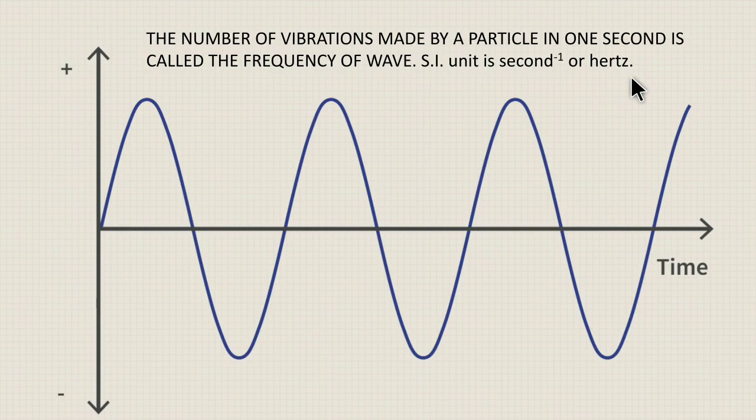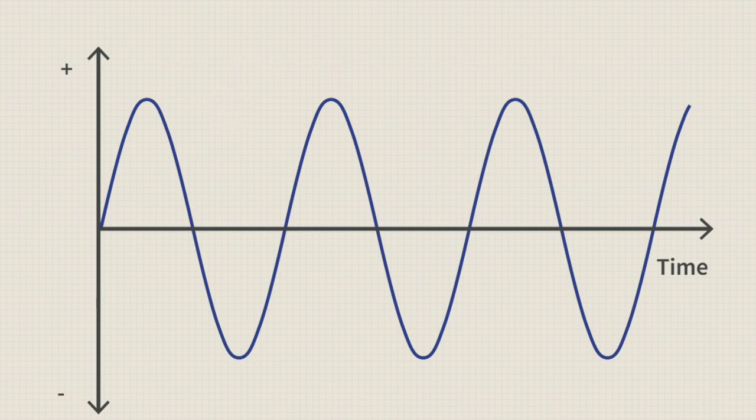The frequency is represented by small f, and the frequency and the time period are related as f is equal to 1 by T, where T is the time period of the wave.